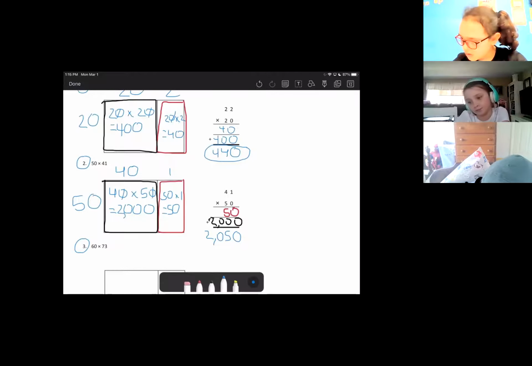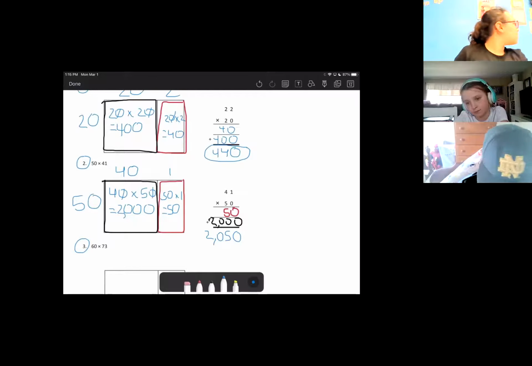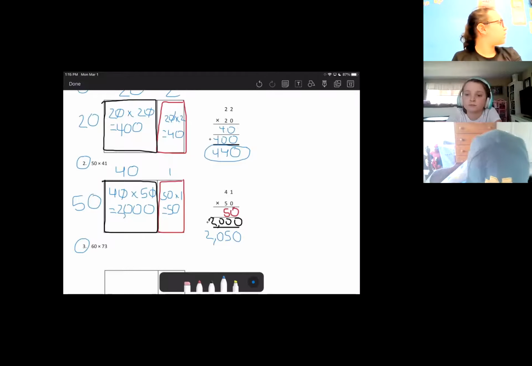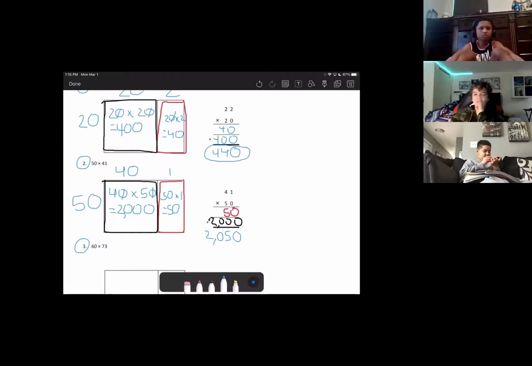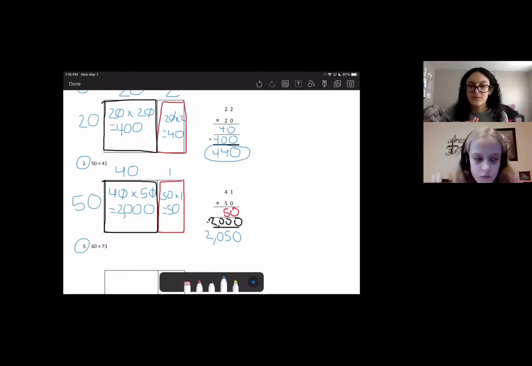Oh, Leah, are you a thumbs up now? You're feeling better? Sophia, I saw you kind of in the middle. Are you good now? All right, does anyone have any other questions about how we use the area model and how we write it vertically? Nolan, do you have a question? No?